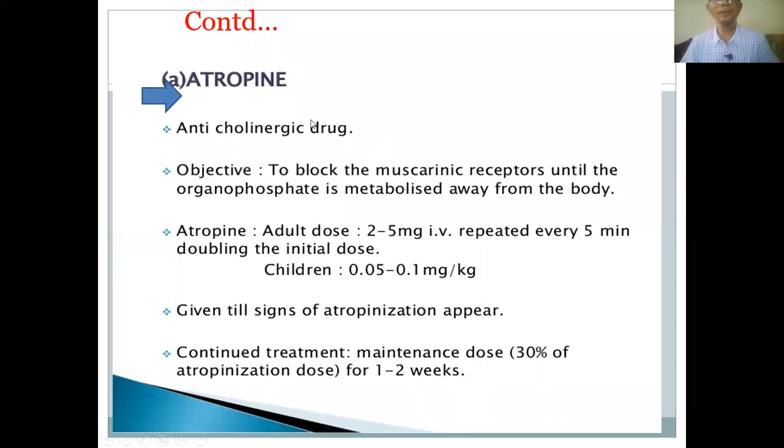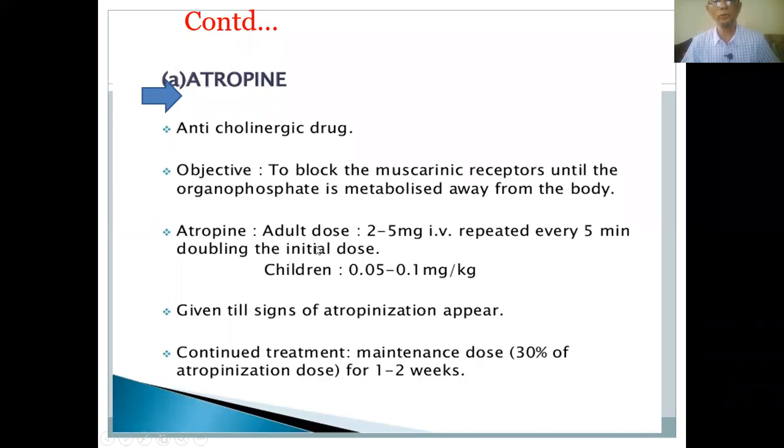Now we come to the main drug, that is atropine. It is an anticholinergic drug because there is excess accumulation of acetylcholine. As we have seen, the cholinesterase enzyme is blocked and the acetylcholine level is increased, so the drug will be an anticholinergic drug, that is atropine. What is the objective? To block the muscarinic receptor until the organophosphate is metabolized away from the body.